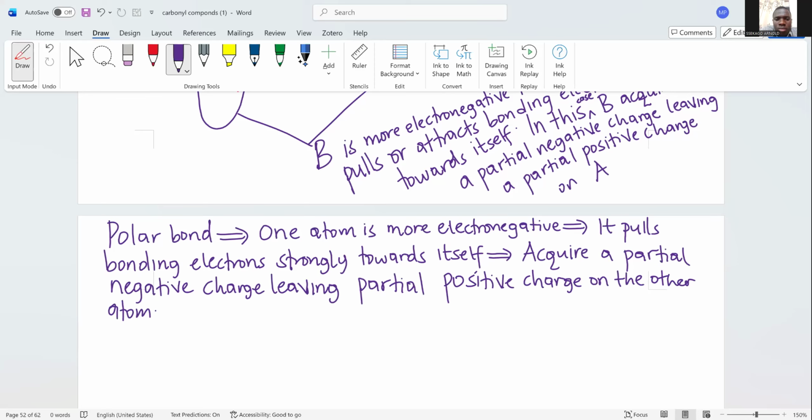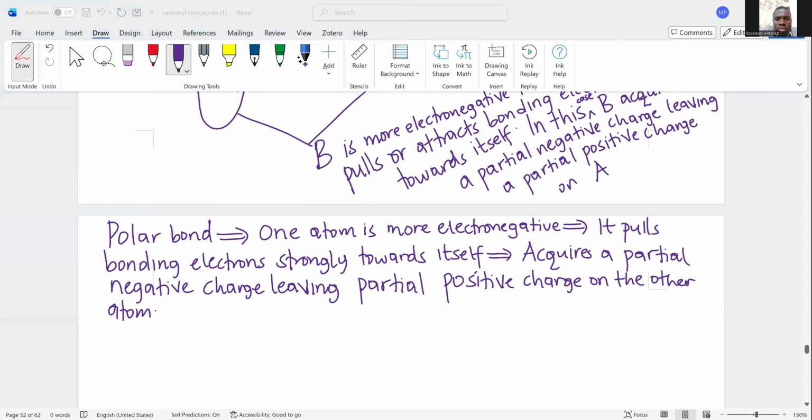One atom is more electronegative, it pulls bonding electrons strongly towards itself, acquires a partial negative charge, leaving a partial positive charge on the other atom. So this is the animation.